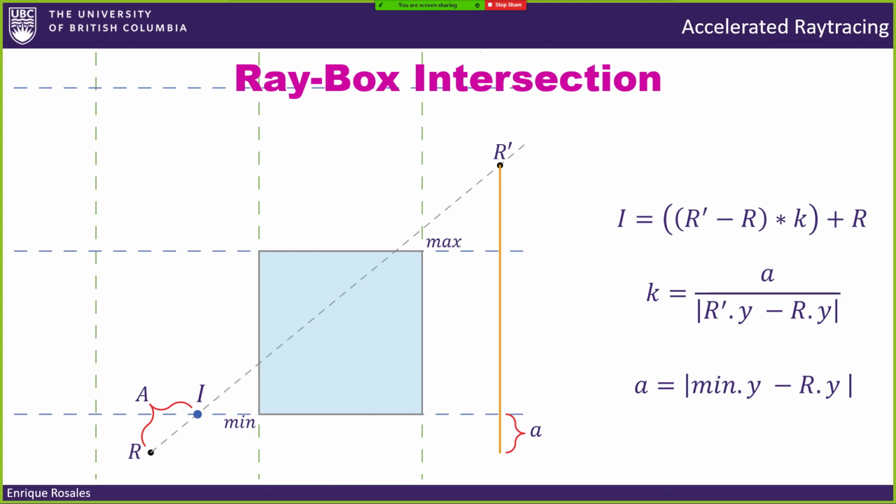And just a very quick clarification on the slides for our previous lecture: the equation for the intersection was saying r prime minus r times k, which is actually correct, but I was omitting a step that is basically just adding the origin. We sometimes omit those things when we are talking about vectors, but one of my TAs told me it would be better to make it clear.